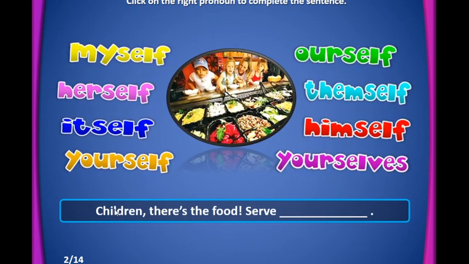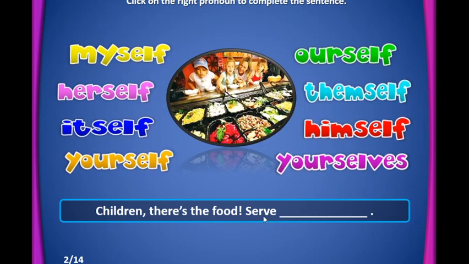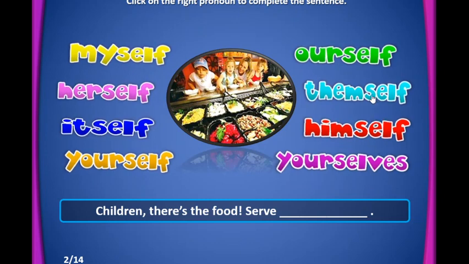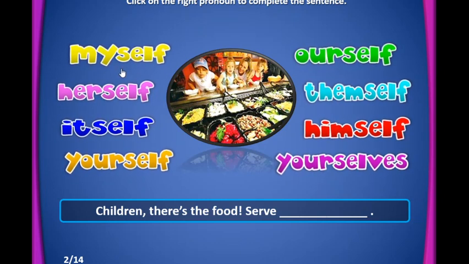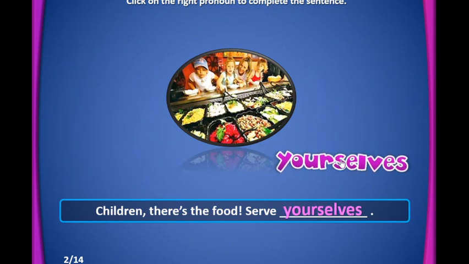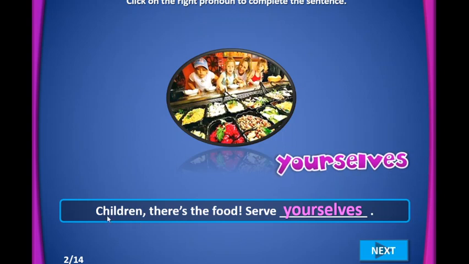Children, that is a lot of kids. There's the food. Serve: ourselves, themselves, himself, yourself, itself, herself. Which one? Oh, you say yourselves? All right, you got them correct, guys. Perfect. I think you are getting the idea. Remember, children es ustedes, so yourselves, niños.